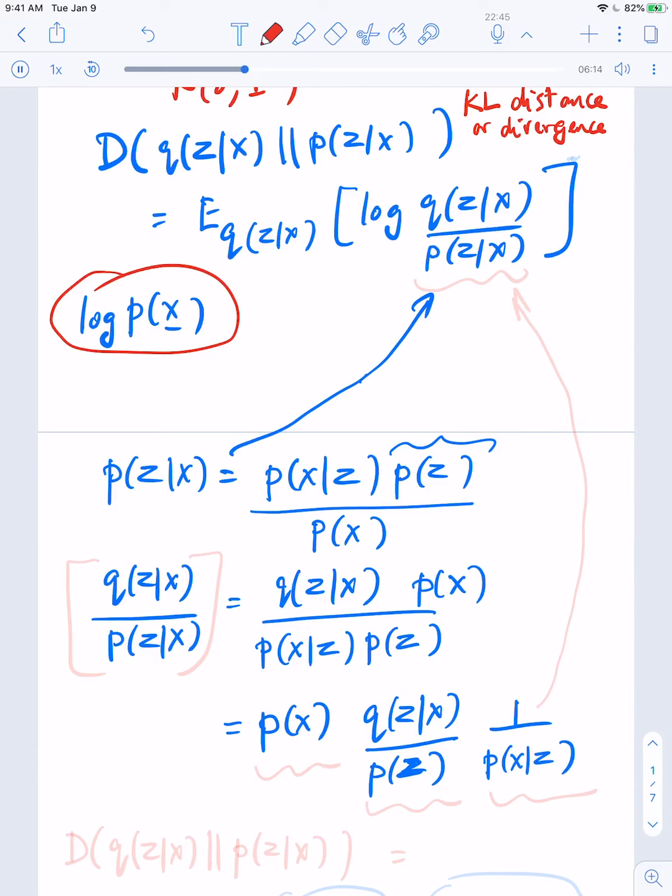So I'm going to plug those in, and note that I have the log there. I'm going to plug all this into this expression, right?